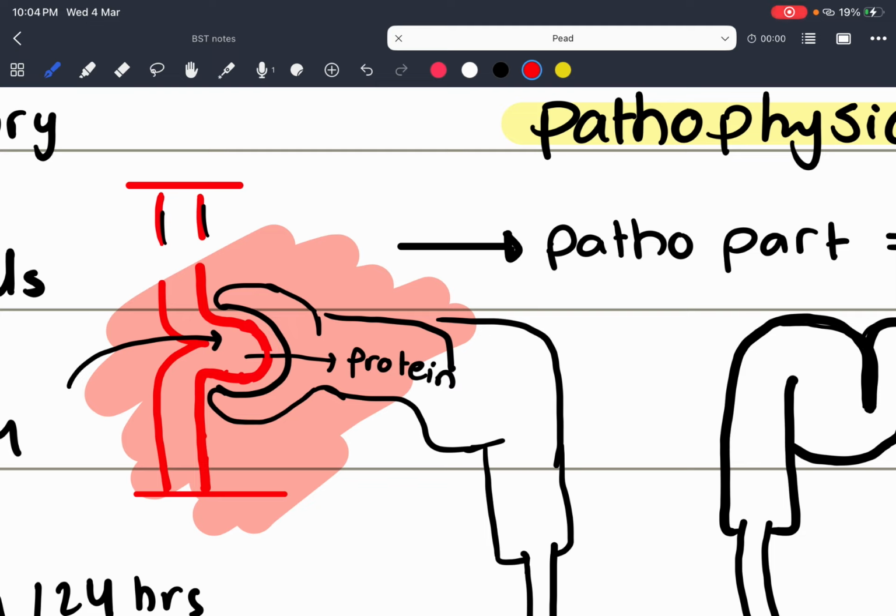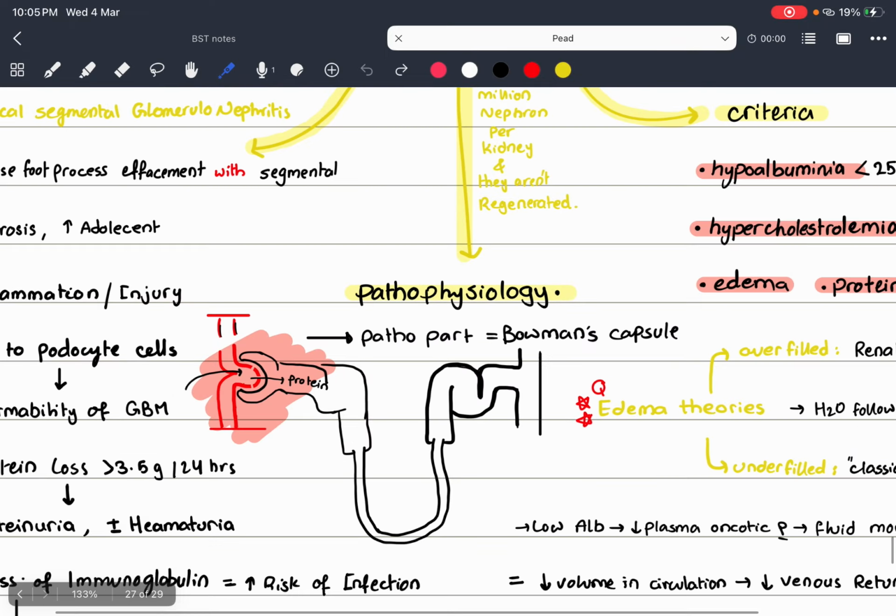But if there's damage to this podocyte, they will start to increase this permeability, and the protein can pass from the capillary, this is the afferent capillary. So the protein will pass out to the Bowman's capsule and then goes into the urine.